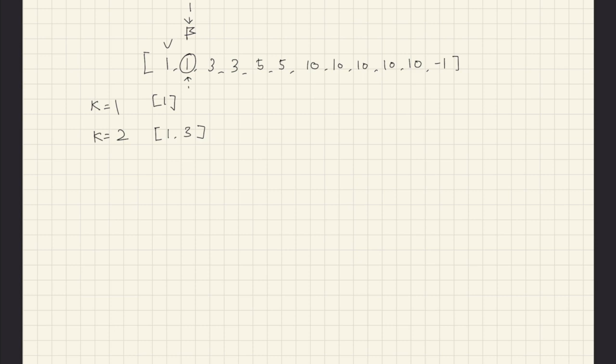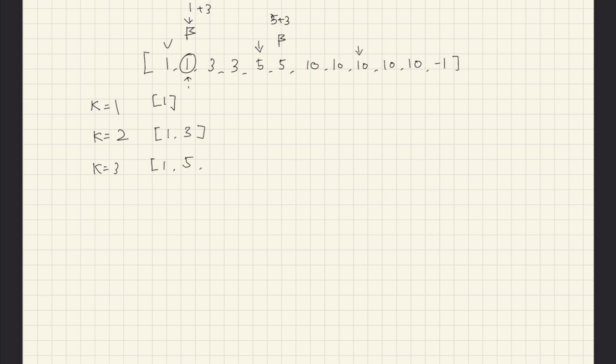When you bring k equal to 3, start with 1. And the next position is 1 plus 3. So the value here is 5. So we need to put a flag at 5. The next possible position will be 5 plus 3, which is 8. And if we go to 8, it is 10.